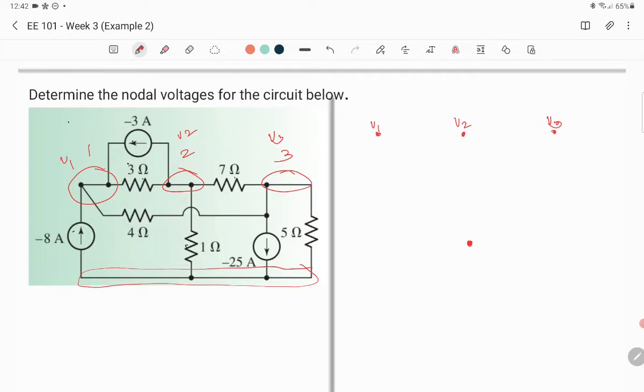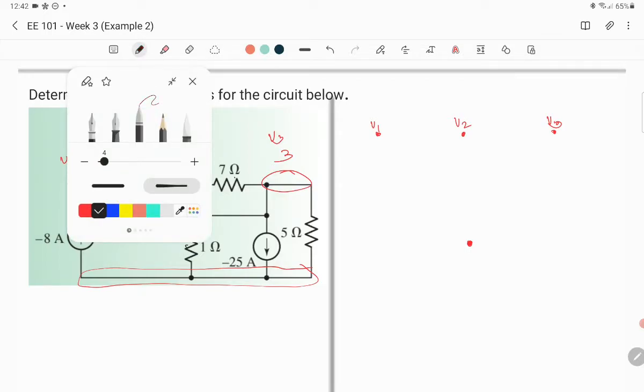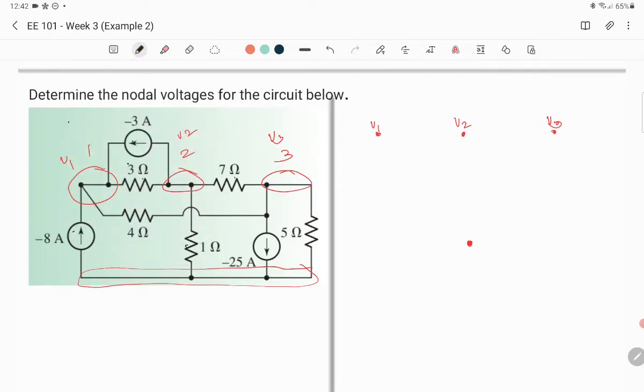Now we are ready to reflect all the elements in our circuit. Between V1 and V2, we have our 3 ohms resistor. Then you also have your 7 ohms resistor between V2 and V3.